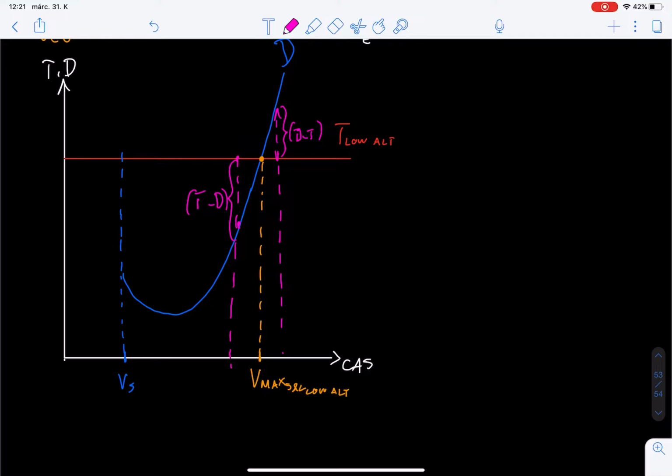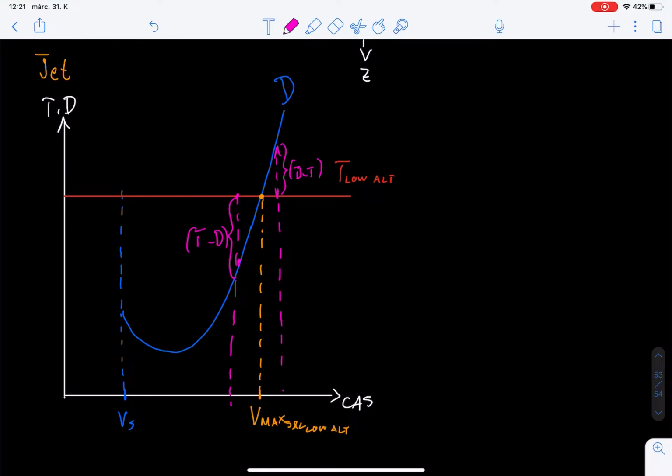Right? For a given amount of thrust setting, this intersection is going to be the point where the two coincide and where you will have the maximum amount of velocity for the given cruising condition.